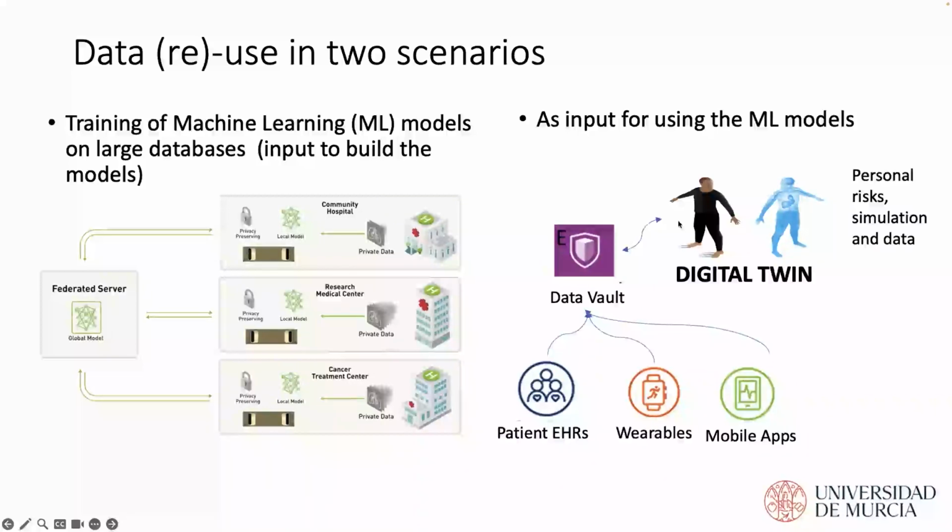And on the other hand, as Jasper mentioned, we have data from EHRs, wearables, mobile apps that are used as input to these machine learning models. They are stored in this data vault and they are used to make the corresponding predictions and simulate different aspects of the patient.